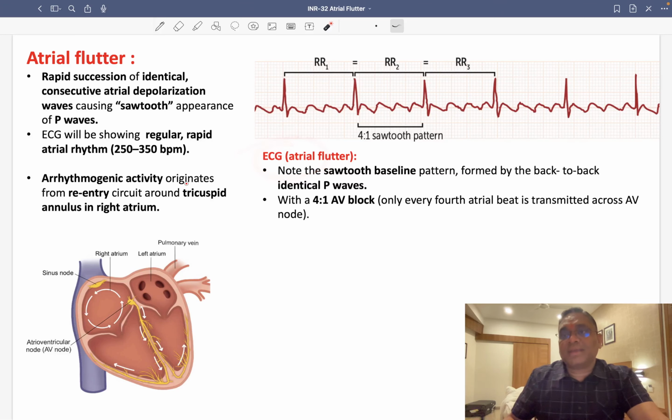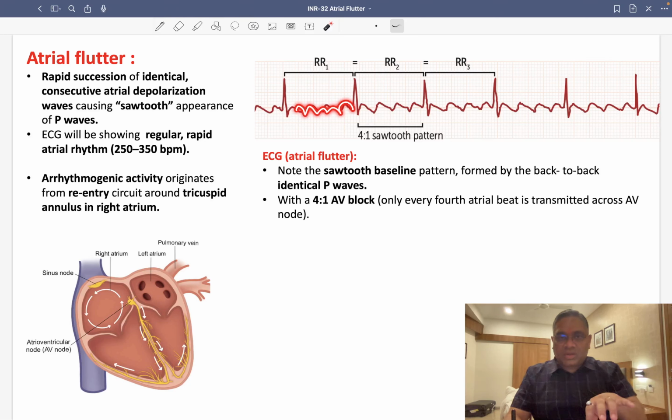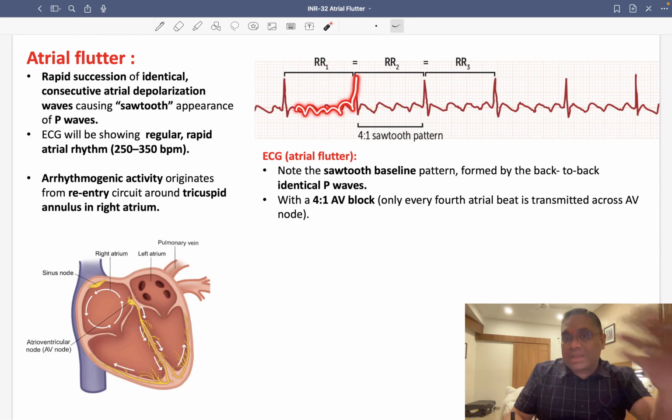So when you see the ECG of atrial flutter, what you will note is a sawtooth baseline because of consecutive contraction, because back to back identical P waves are there. You can notice here, after 1 2 3 4, till now it has not gone to the ventricle. After the fourth contraction, it goes to the ventricular depolarization.